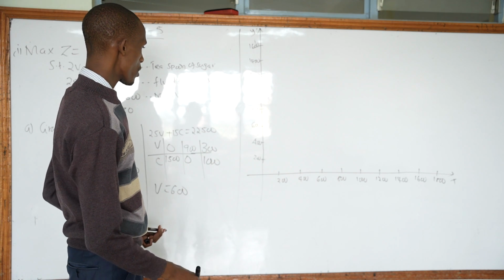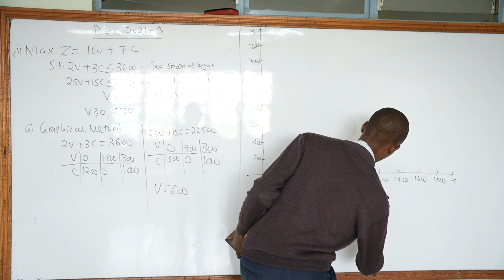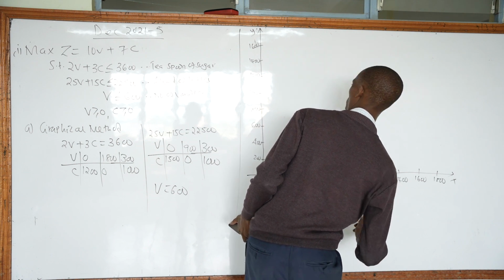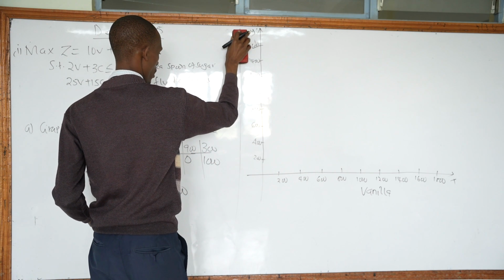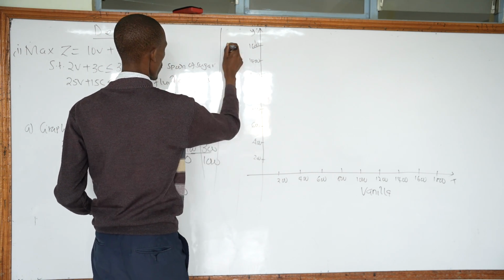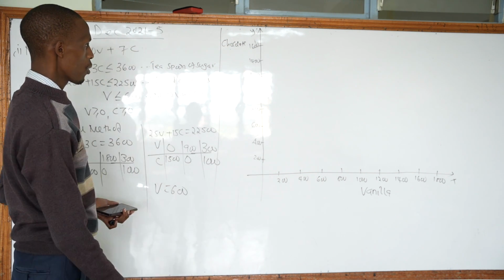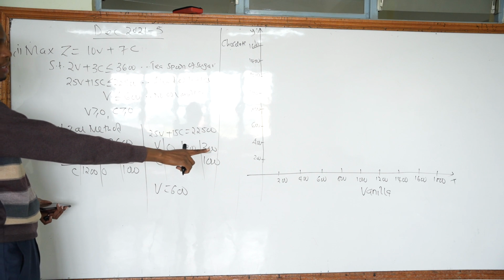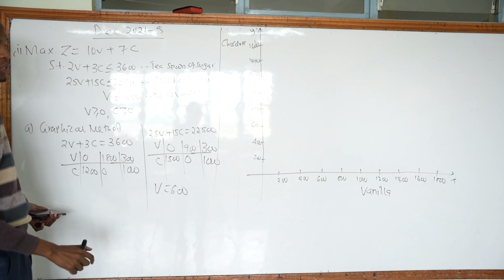We can use vanilla on this side, and chocolate on the other side. So on the x-axis we will have vanilla pudding, and chocolate pudding on the y-axis.